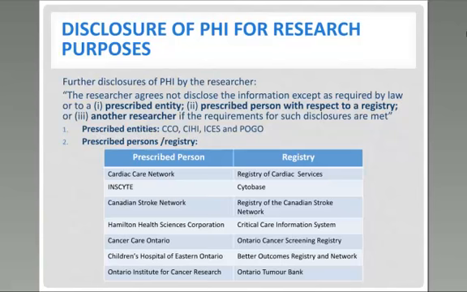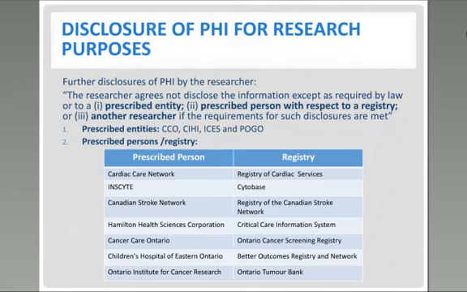Now, they are something different from what we call prescribed persons with respect to a registry. Entities are the organization as a whole. Prescribed persons, on the other hand, are those that have responsibility for a particular registry, and the disclosure from your researcher to your prescribed persons has got to be related to the registry.